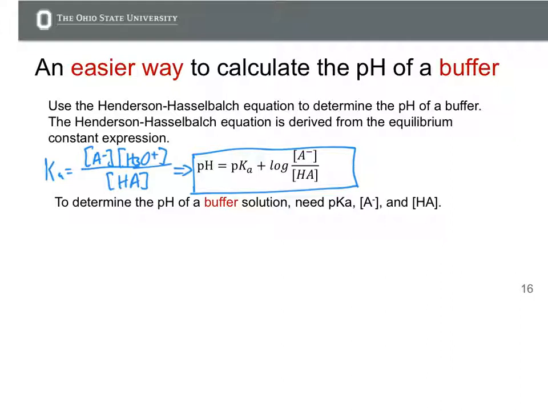If we needed that, this would be a harder problem. But because X is small, we can assume that A minus here in this equation and HA are initial concentrations. Okay. So for the Henderson-Hasselbalch equation, you can put initial concentrations in for the concentration of A minus and HA. That's going to make life really easy, hopefully.